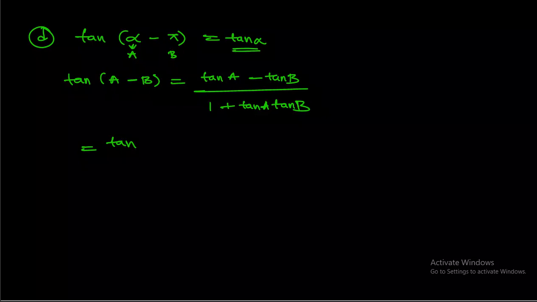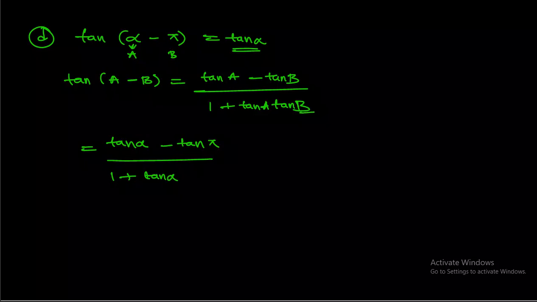So we set tan alpha minus tan pi. Pi is the same as 180, over 1 plus tan a, where a is alpha, tan alpha there, then b, tan pi. Now what I want you to understand is that tan pi is just 0.